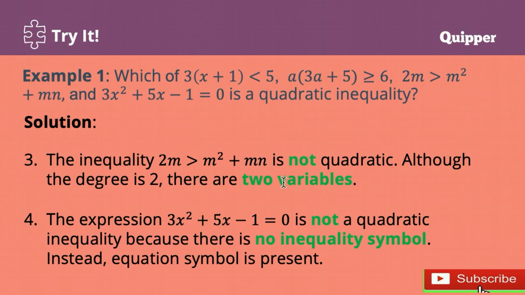For number 4, the expression 3x squared plus 5x minus 1 is equal to 0 is not a quadratic inequality because there is no inequality symbol. Instead, an equation symbol is present. So therefore, this is a quadratic equation, not a quadratic inequality.